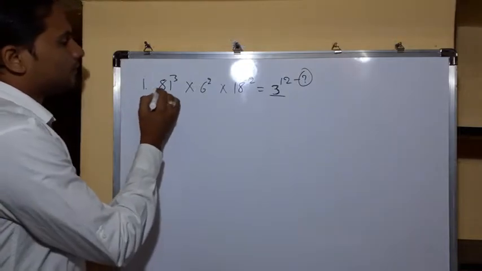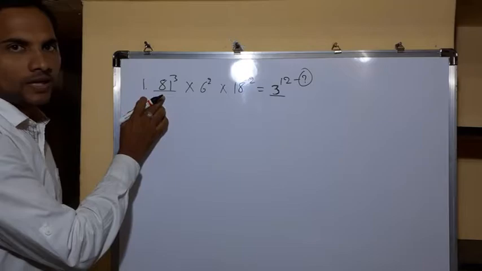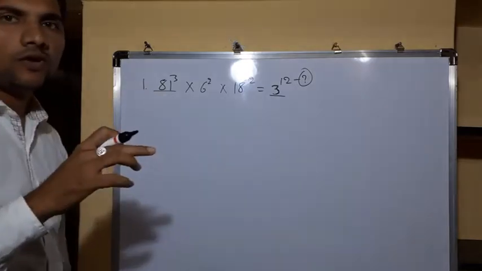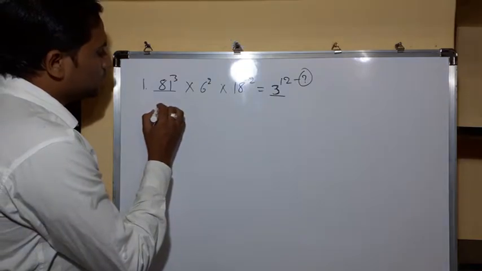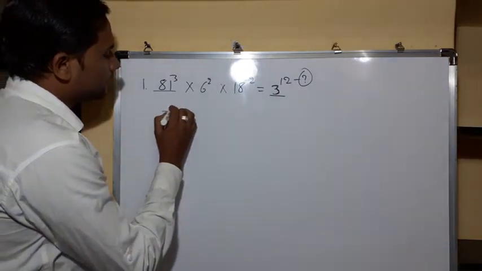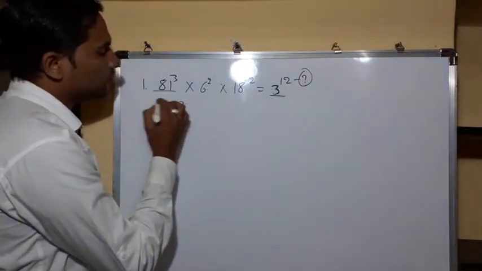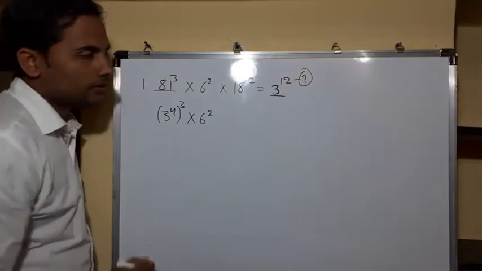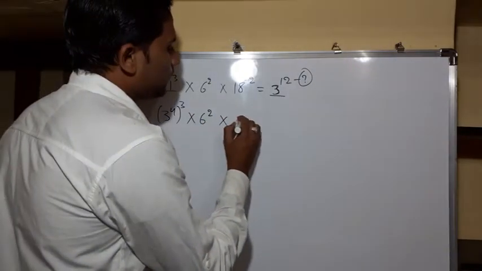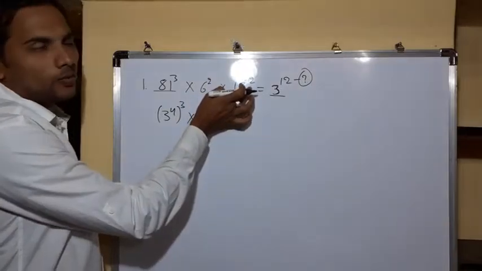So 81, in 3 tables, 27 times 3 is 81, and 27 is the cube of 3. So I can say that 3 raised to 4 is 81, whole to the power of 3, into 6 square, into, see here, apply the law of negative powers.